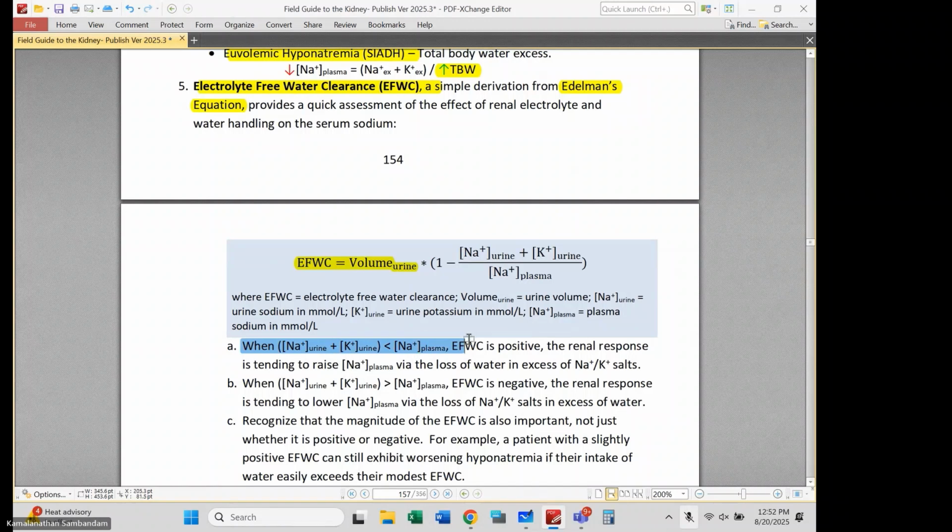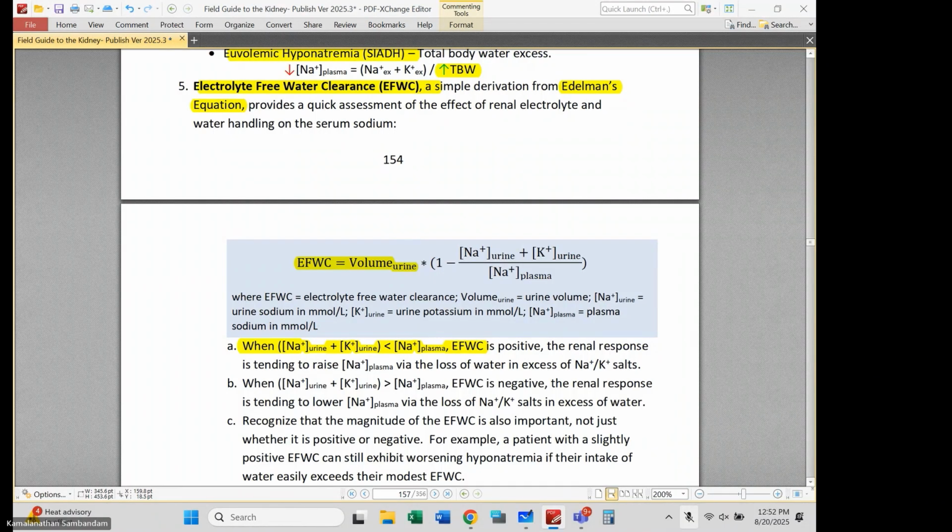Okay. So let's go through these statements. When electrolyte-free, we often simplify, oversimplify. Already electrolyte-free water clearance is one-dimensional. I mentioned that. You may have positive electrolyte-free water clearance, which would predict sodiums go up, right? But your sodium is still going down.